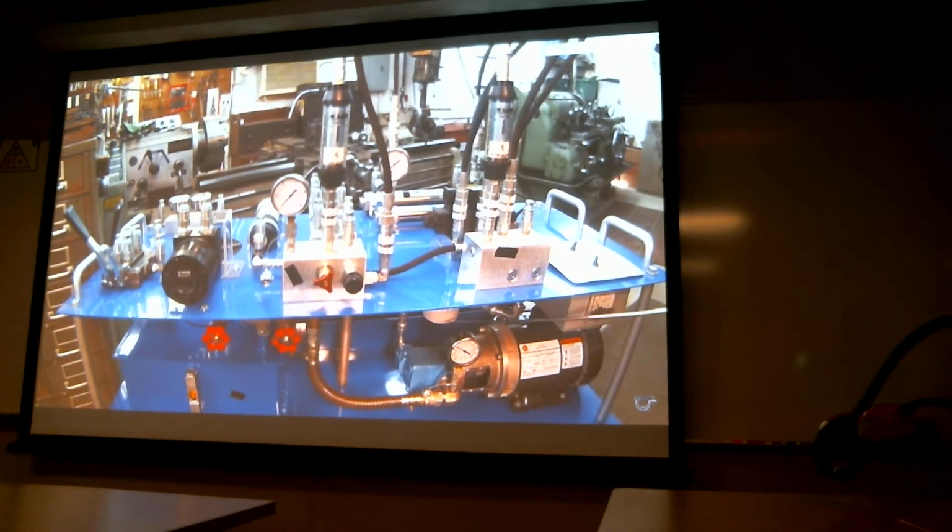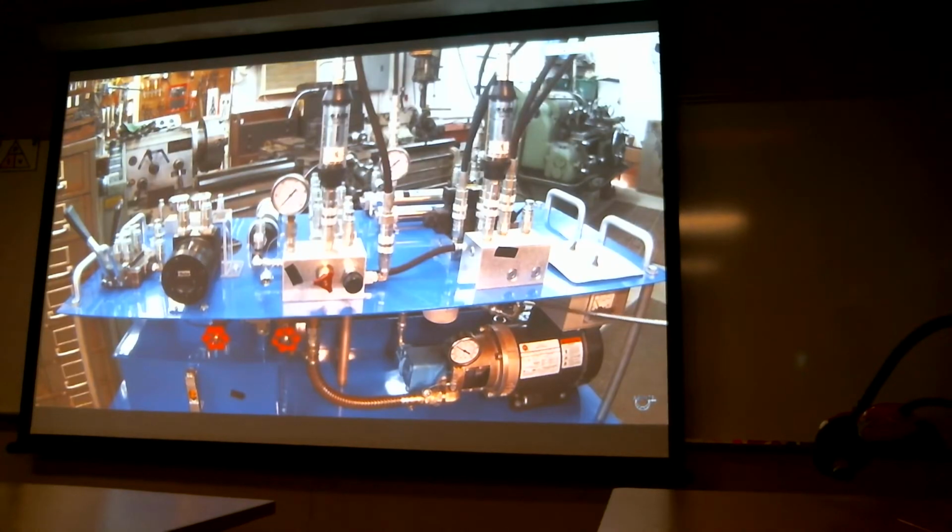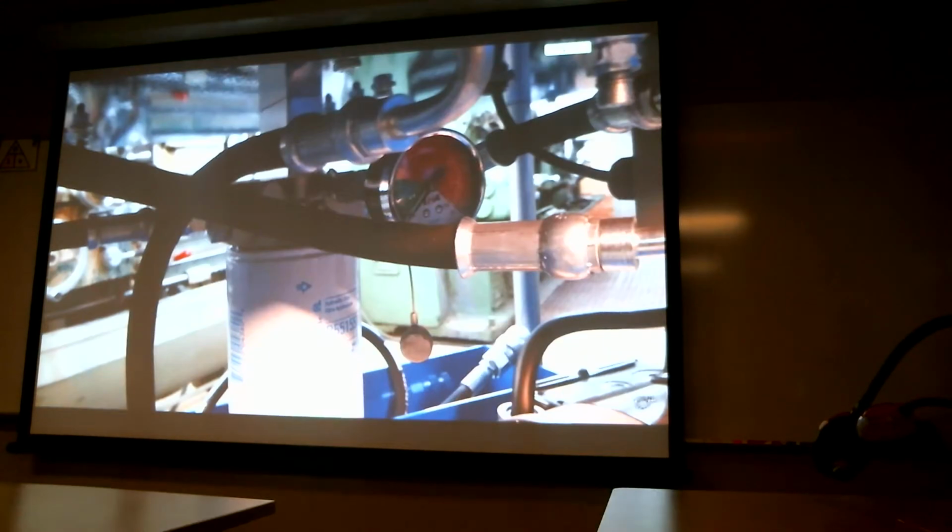How a filter works is your fluid comes into the filter and goes on the outside of the filter media and pushes through the filter media and comes in through the middle of the filter and out through the discharge over here. All right, in the top of this filter housing, you obviously can't see that here, we're going to pull a picture in to show you that, you have a spring that's called a bypass spring.